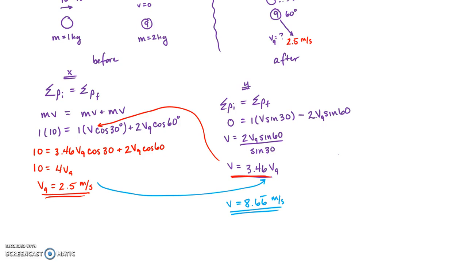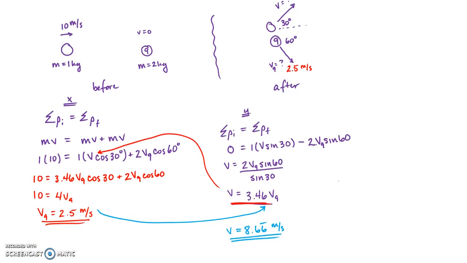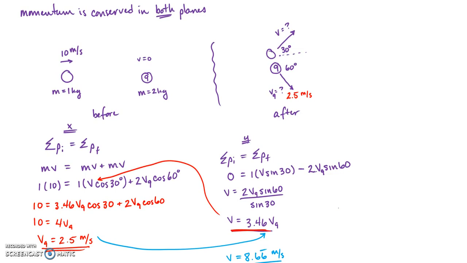So now I should double check myself. All right, I should always double check myself before you wreck yourself. So this is 8.6 repeating. All right, so if I take this number and I punch it into this equation, I should get the right answer, and then I can also punch it into this equation and also get the right answer.